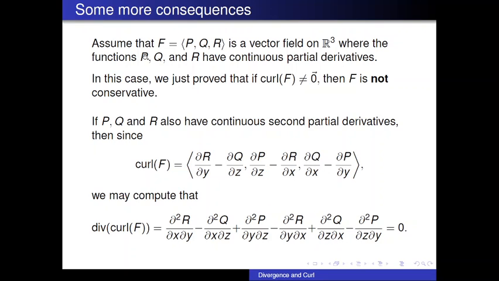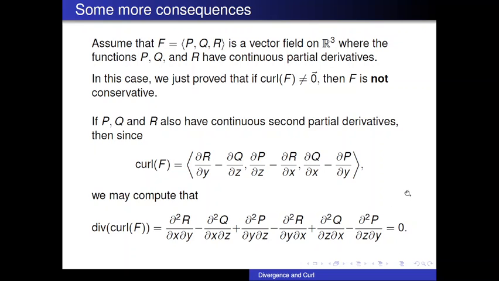And so if P, Q, and R all have continuous partial derivatives, well, actually, they have to have continuous second partial derivatives, which I probably should have put up here, then we can say that these two are equal to each other, these two are equal to each other, and these last two are equal to each other as well. Subtracting one from the other gives you 0 plus 0 plus 0, which is 0.